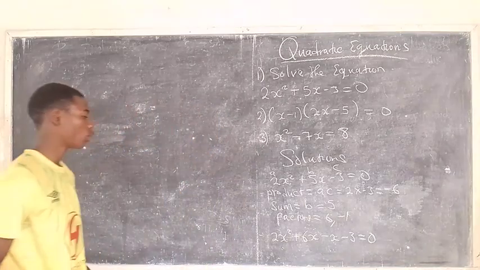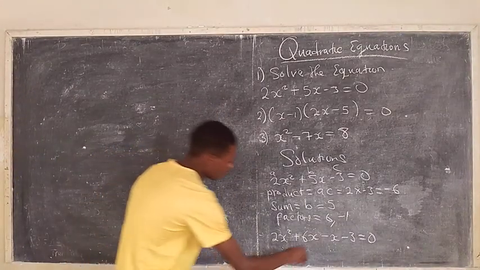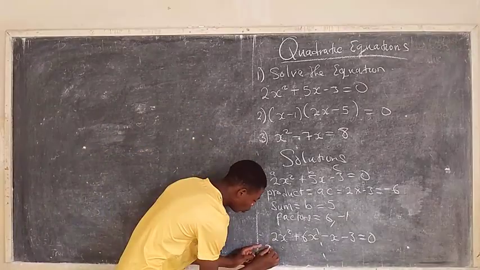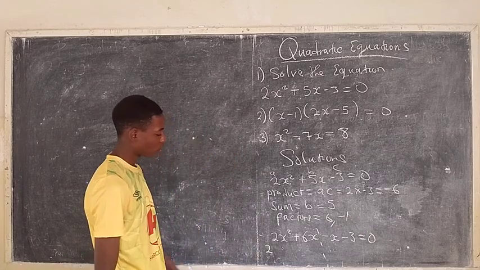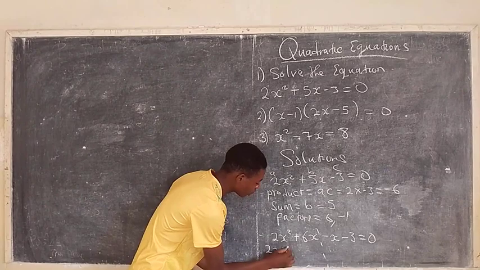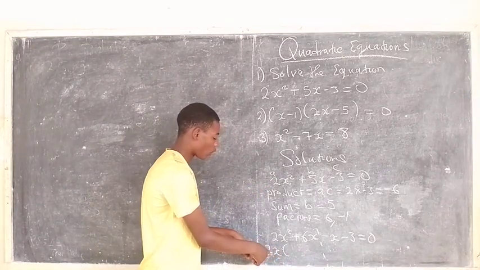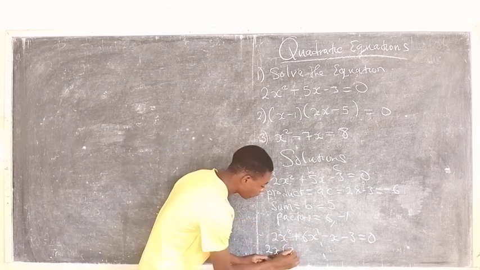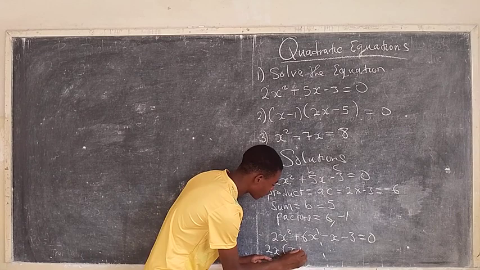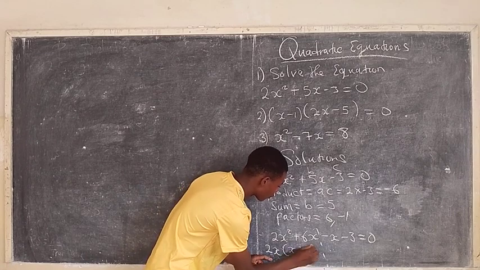Now we are going to factorize in pairs. We can even draw a line like that. A 2 is common. If we factor out 2 and an x which is common, we are only remaining with 1x. Then 6 divided by 2 gives us a positive 3.